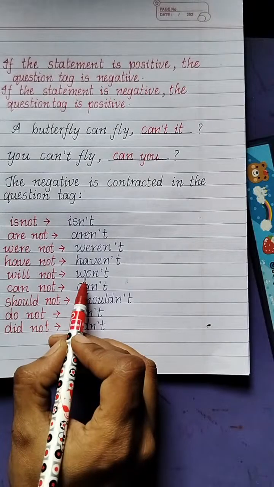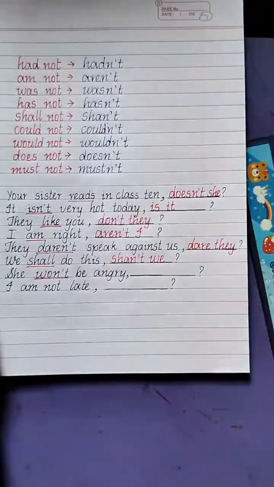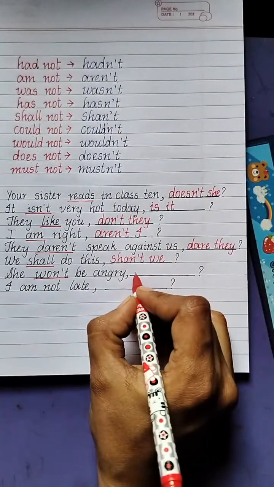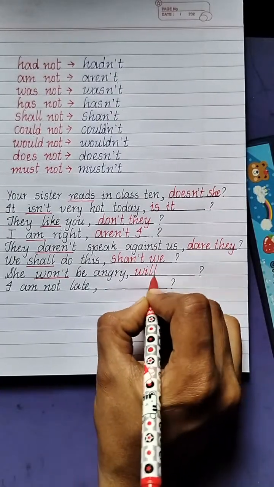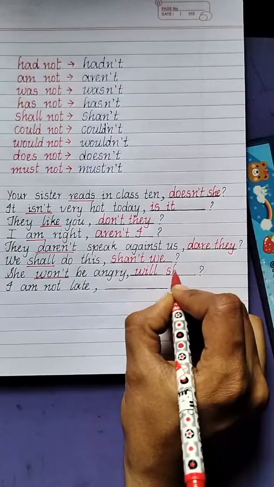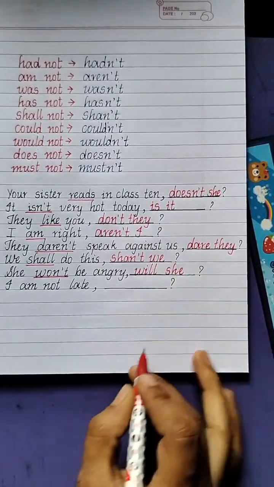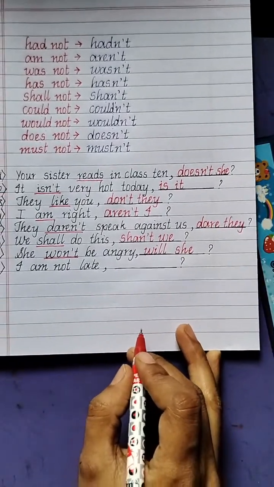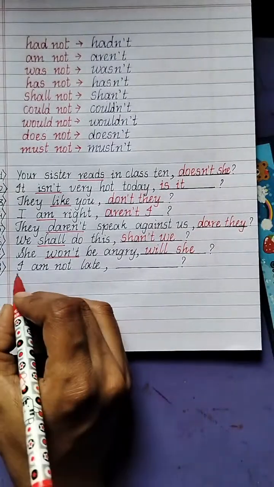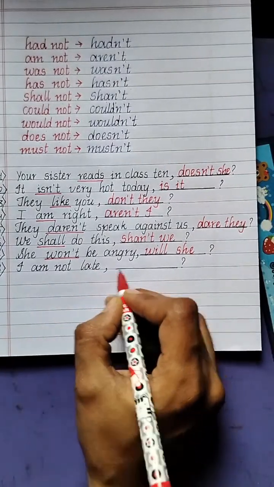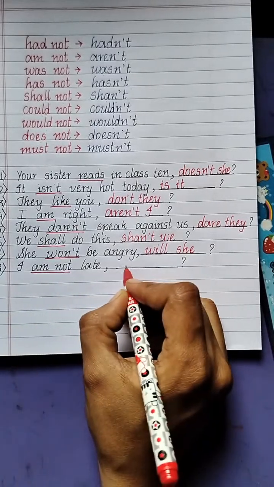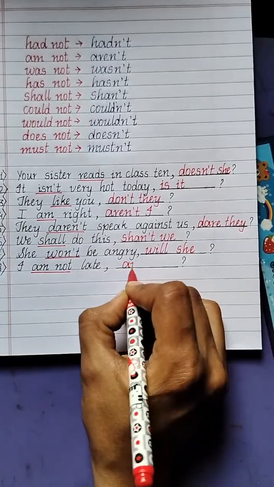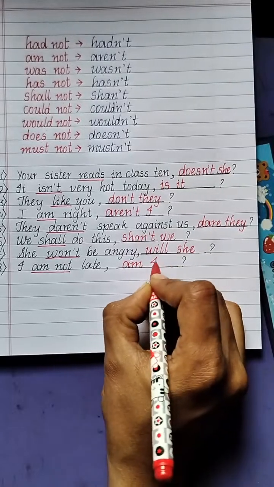Will not changes into won't. Similarly, let's make it positive. It is already negative, so we'll see. I am not late. So here it is negative, so we are going to form a positive tag, am I?